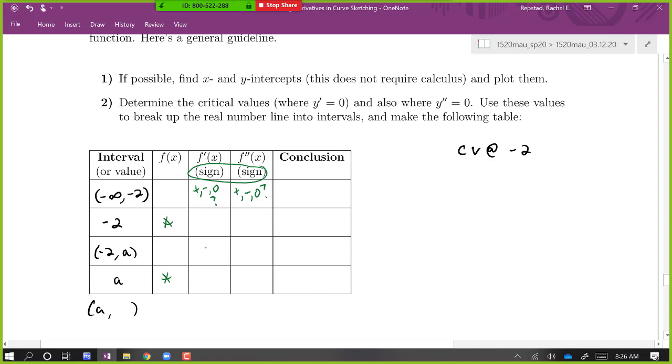So for example, if on an interval the first derivative is positive and the second derivative is negative, my conclusion here would be increasing, concave down. We're going to do an example, and this will take a little while, but it should give us a good idea of how we put all of this stuff together.